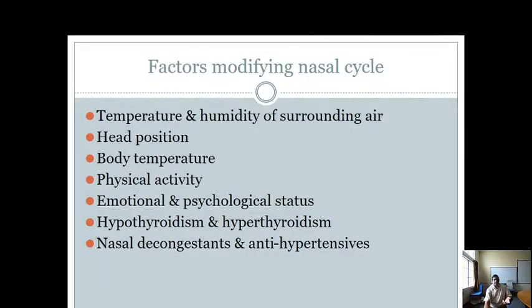Now there are certain factors which modify the nasal cycle: the temperature, the head position, the humidity, the physical activity, exercising, emotional and psychological factors, hypothyroidism, and the various drugs which act on the nasal mucosa. So this is about the nasal cycle. That is the first heading that we have discussed.